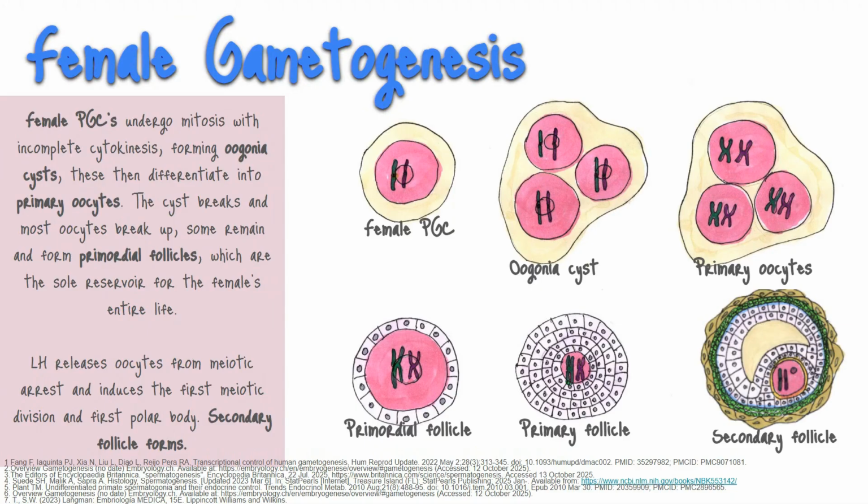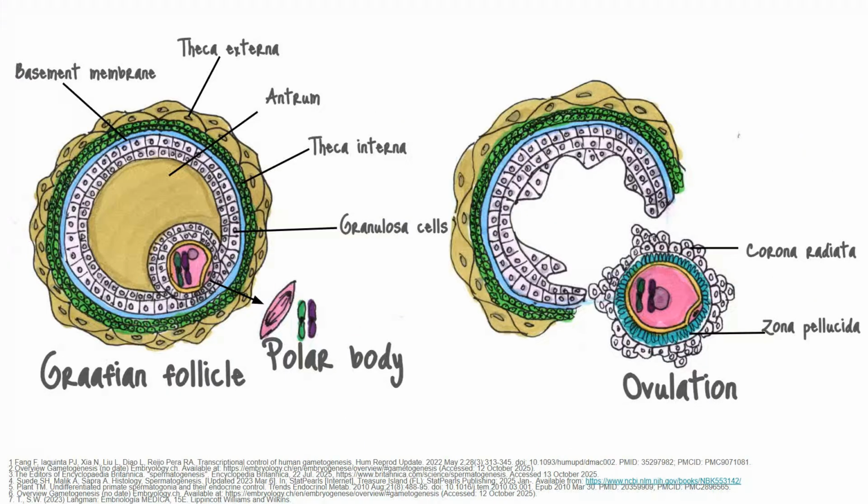A surge of LH each month will cause the first meiotic division to happen, and the first polar body appears. And the secondary follicle forms as an antrum starts to appear in the middle of the follicle as the cells degenerate. Once the antrum is properly formed, we have the Graafian follicle.